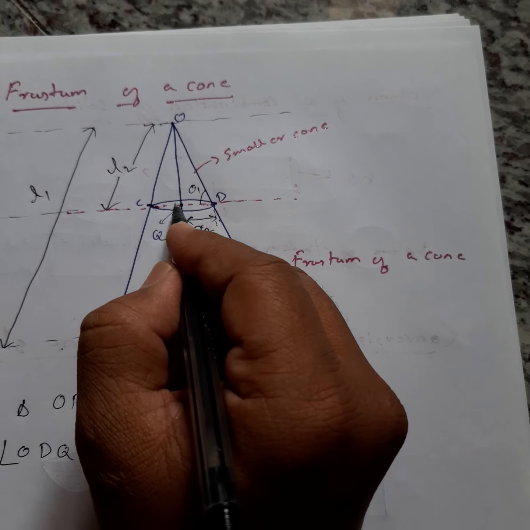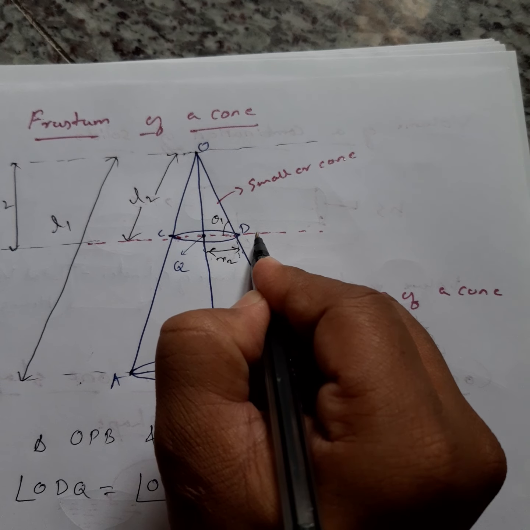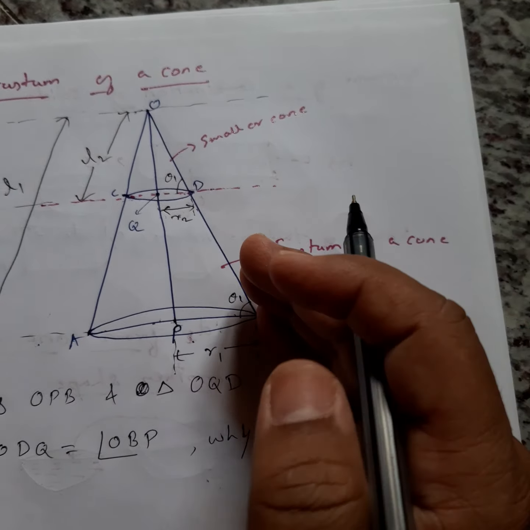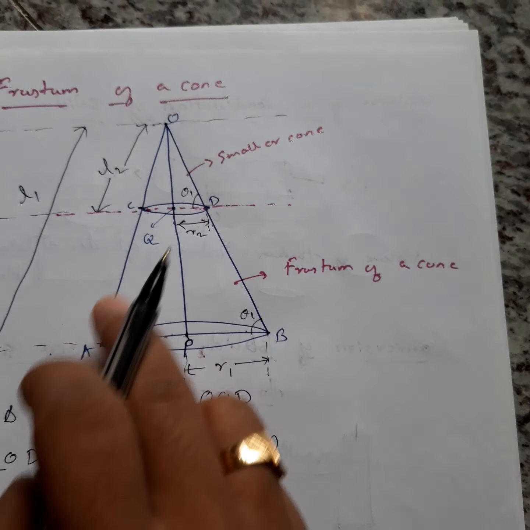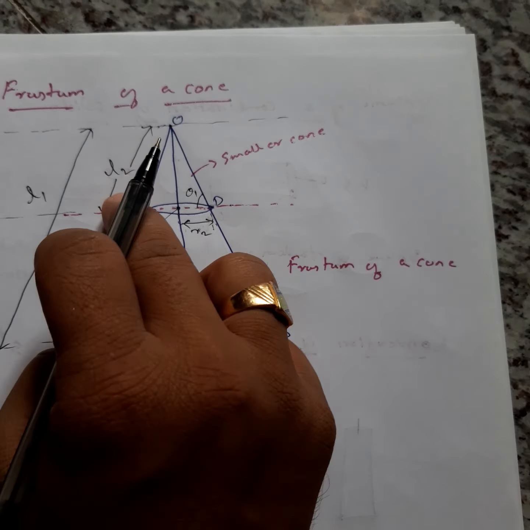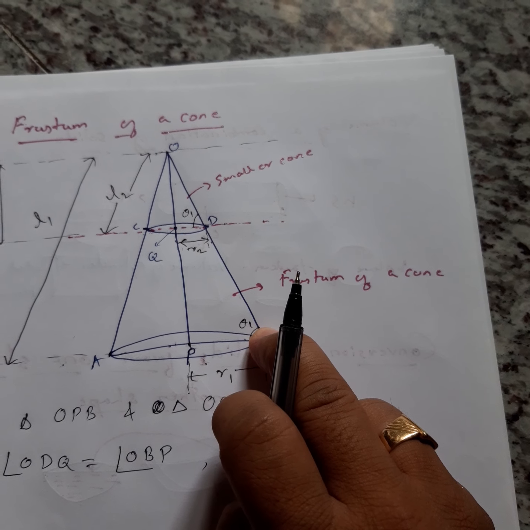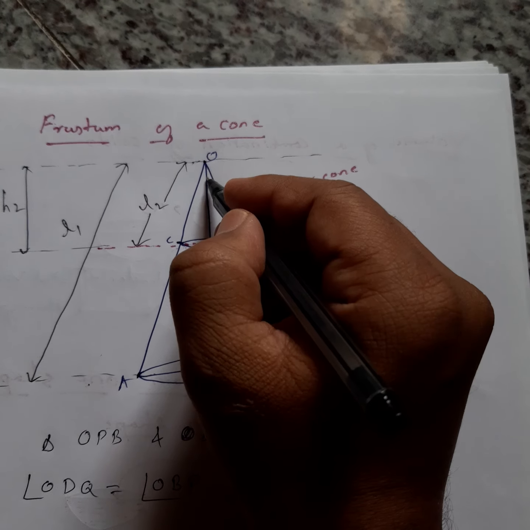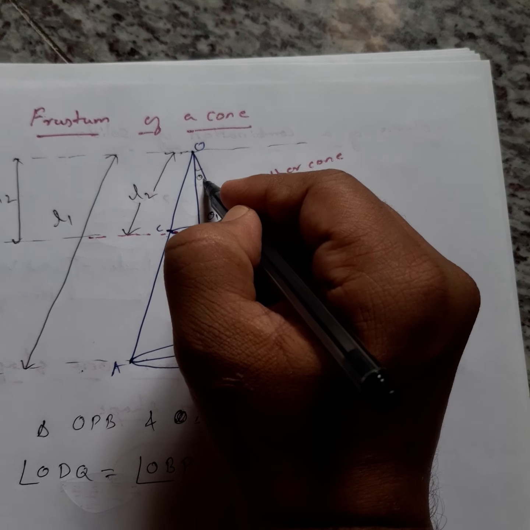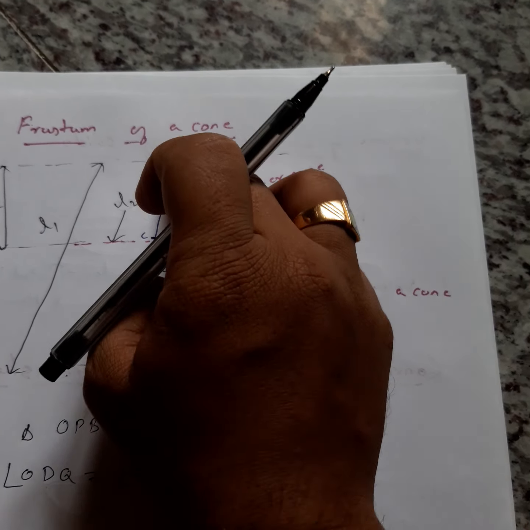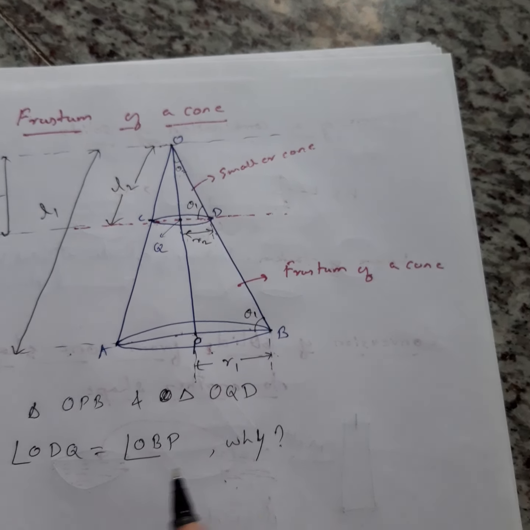formed with respect to this parallel line, because the slant line is the same. This line is parallel to this, so this angle is also the same as this. This is theta 2, because for this triangle the same angle at O is considered.